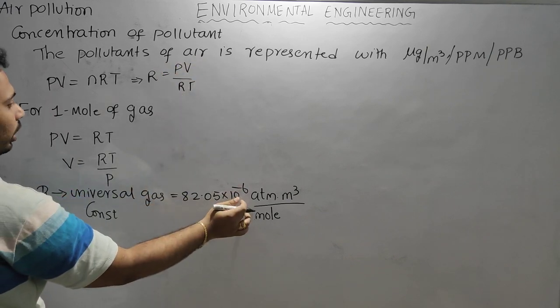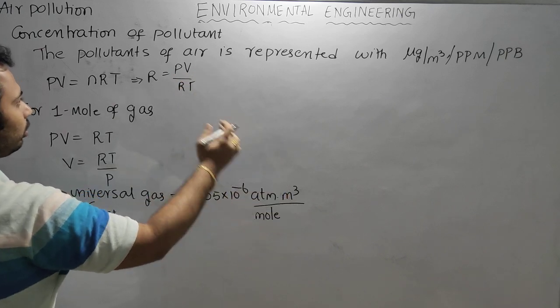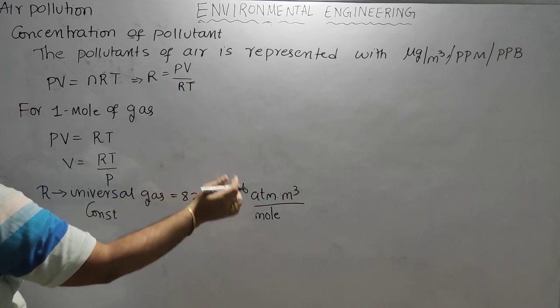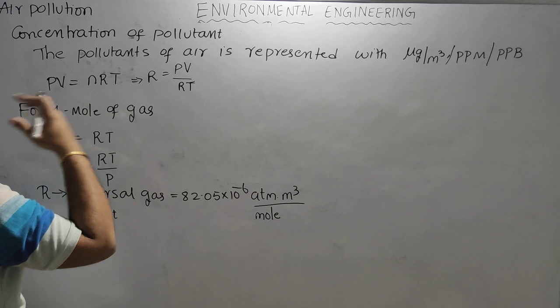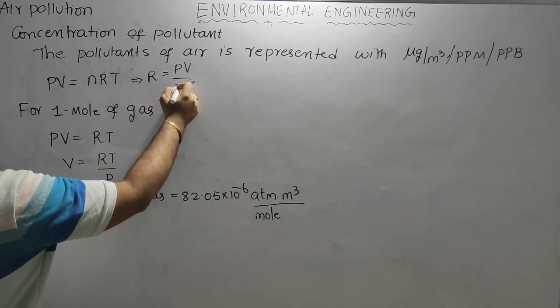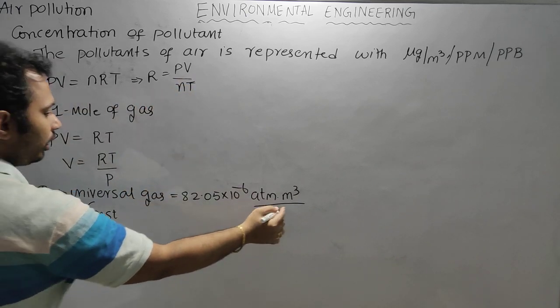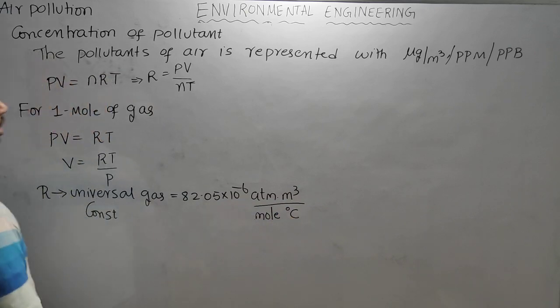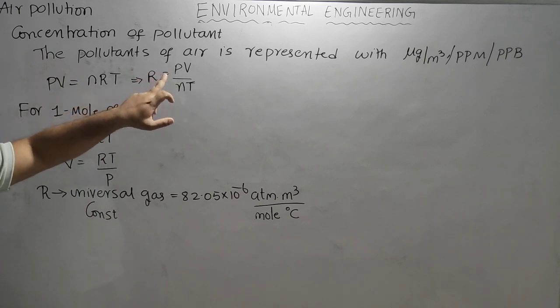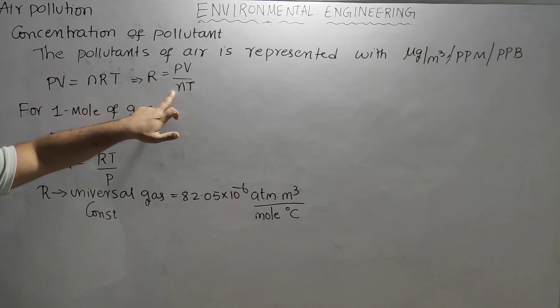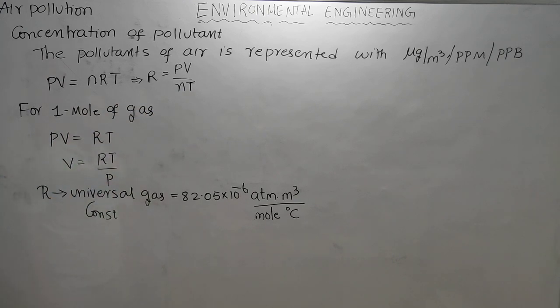P unit is atmosphere, V unit is meter cube, n unit is mole, and T unit is degree centigrade. So the unit of R comes from these four: atmosphere, meter cube, mole, and degree centigrade.